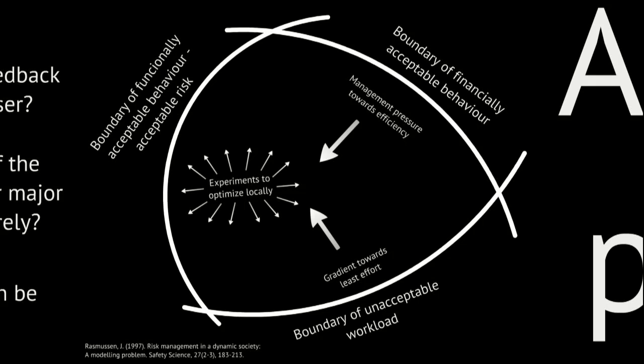So the boundary of financially acceptable behavior creates a pressure towards efficiency, pushing away from the boundary. The boundary of unacceptable workload creates a pressure towards least effort. And together, these two form a gradient towards the boundary of unacceptable risk.